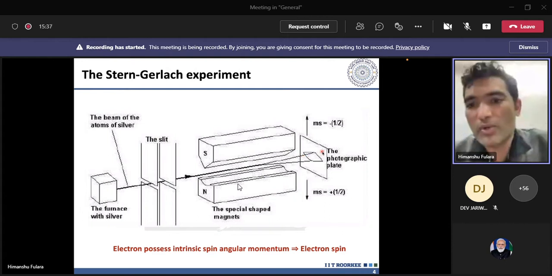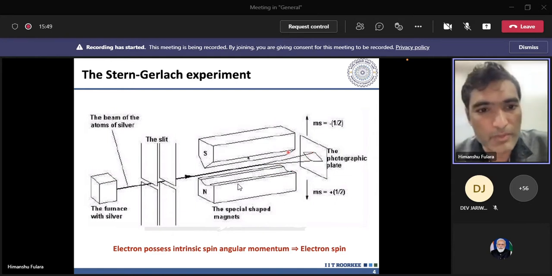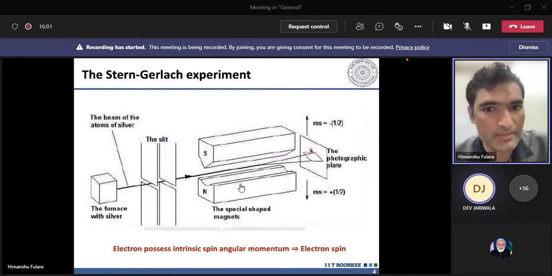the photographic plate. Now let's imagine that if electron doesn't have any spin, then there must be some random deflections here corresponding to the magnetic moments of these random atoms. There should be some random deflections here, or these random deflections should be in one line at least corresponding to this magnetic field.